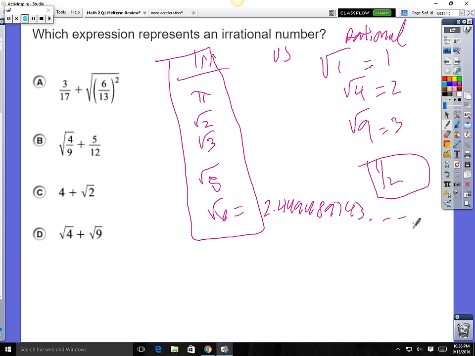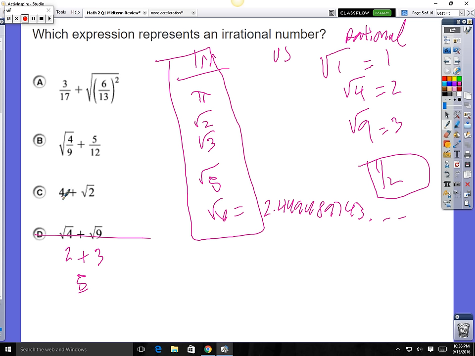I'm going to keep going forever. So that is rational, that is 2, and that is rational, that is 3, and 2 plus 3 is 5, and 5 is rational, so it's not D. That is rational, and this one is irrational.